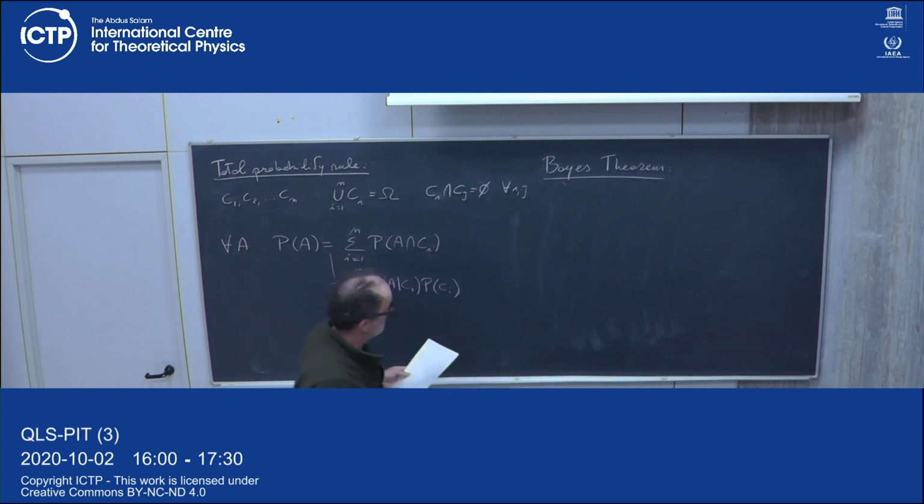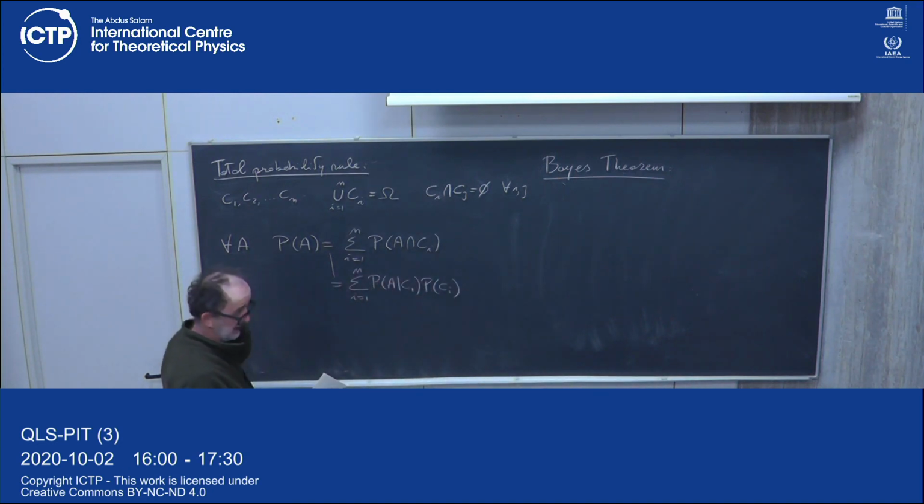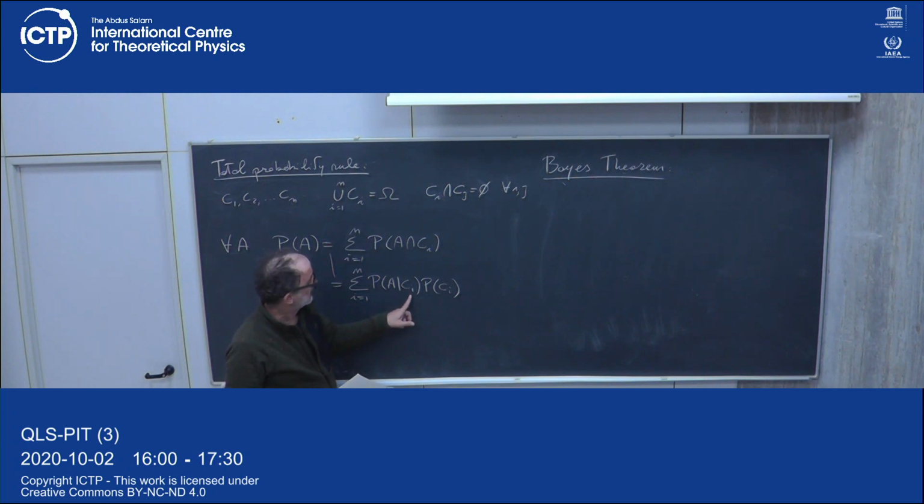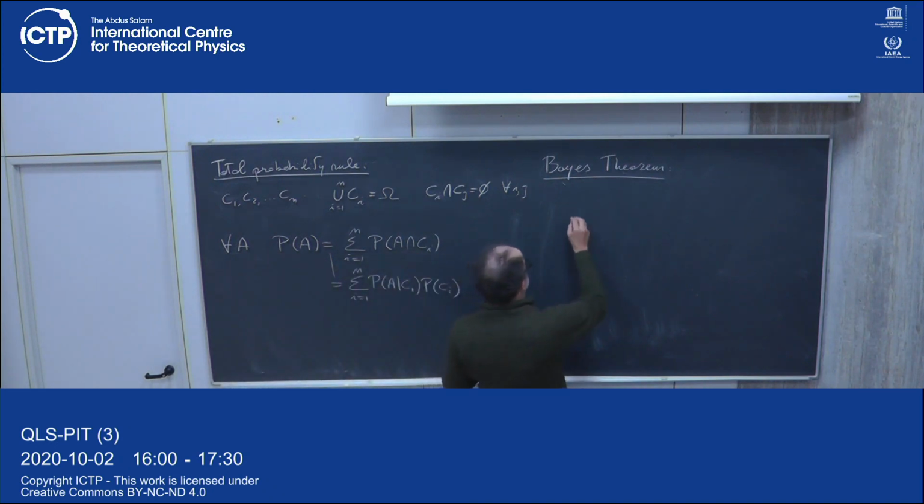Bayes' theorem is also a very easy statement, and essentially has to do with computing, from the probability of an event A given the cause Ci, the probability of the cause Ci given the event A. The derivation is very simple.